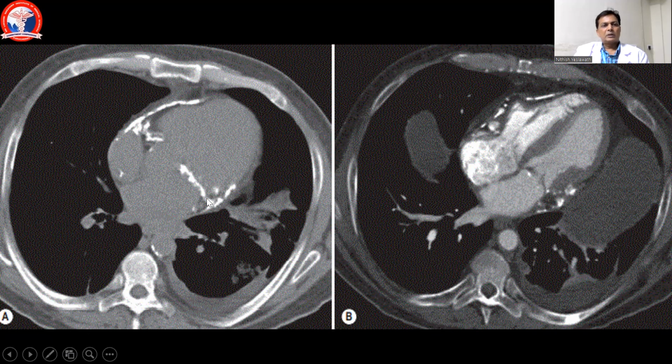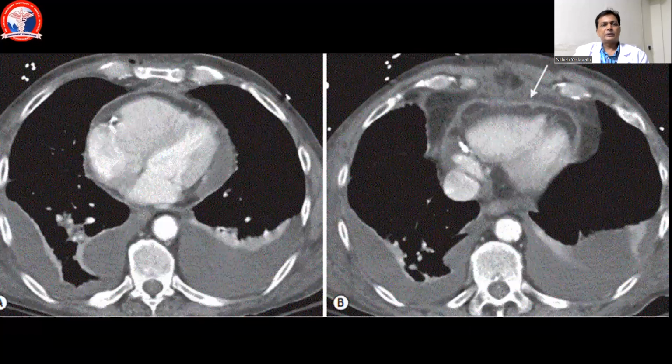So it's a case of constrictive pericarditis, where belt-like calcification is seen surrounding the cardiac region, surrounding the heart. Case of constrictive pericarditis.